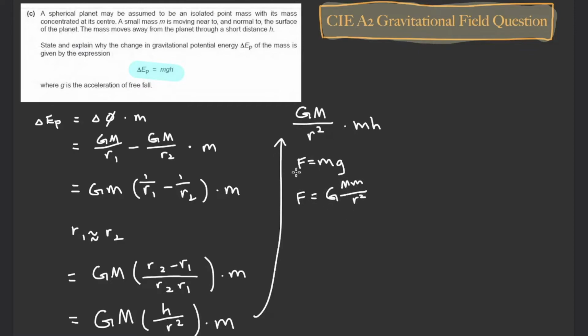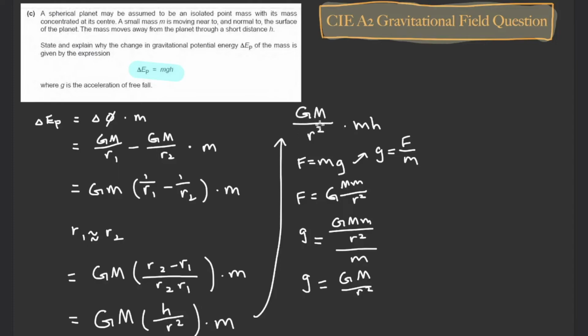So if we plug this back over here, we get g equals F over m, by the way, which means that it's GMm over r squared divided by m, and that will give you GM over r squared, which is why small g is the same as GM over r squared.